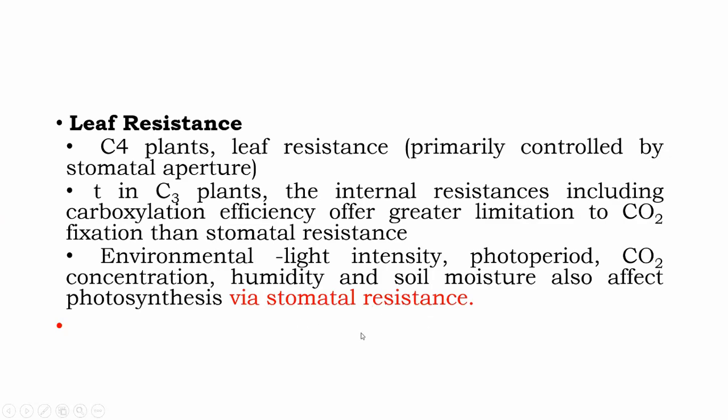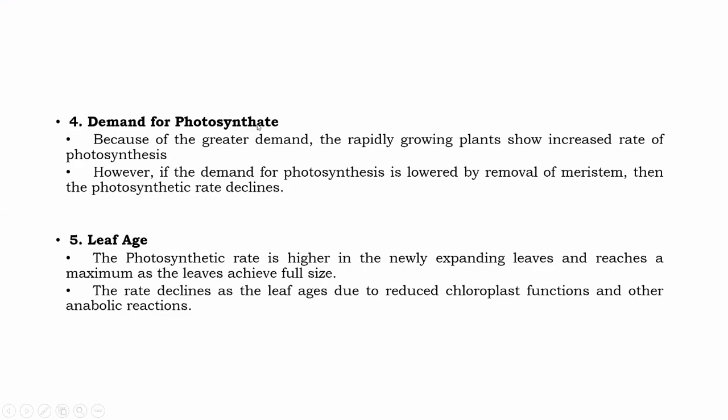When the humidity and environmental conditions change, leaf resistance also decreases or increases photosynthesis. And then the demand for photosynthesis. According to how much food we need, we need more photosynthesis. Example, young leaves and young twigs need more photosynthesis because they have to grow.